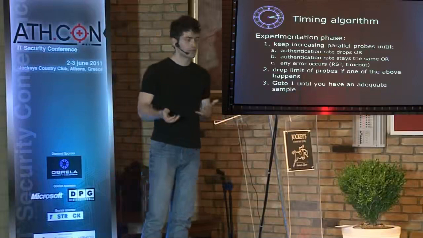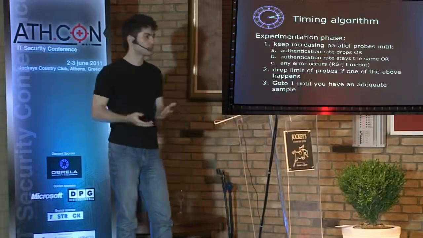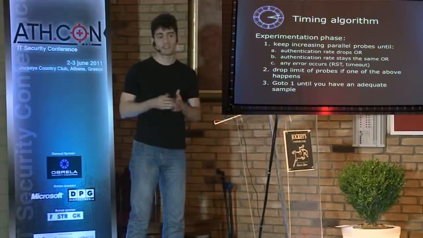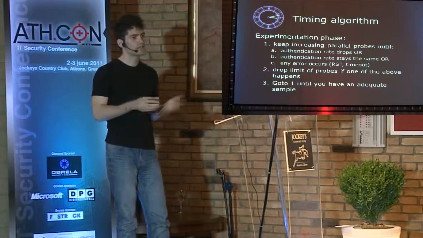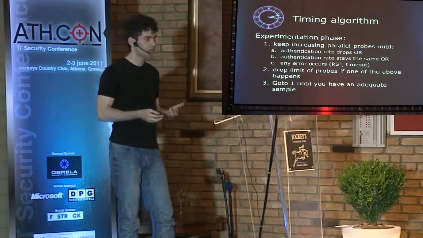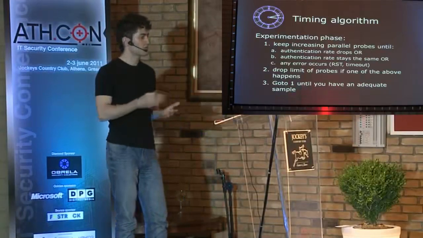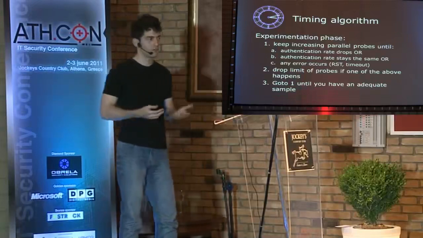If there is an error, so we have received a reset or a connection timeout. And if the authentication rate stays the same for a long time period, then this means that increasing the connections anymore will not have a direct effect on the authentication rate. So we don't want to waste any more bandwidth.